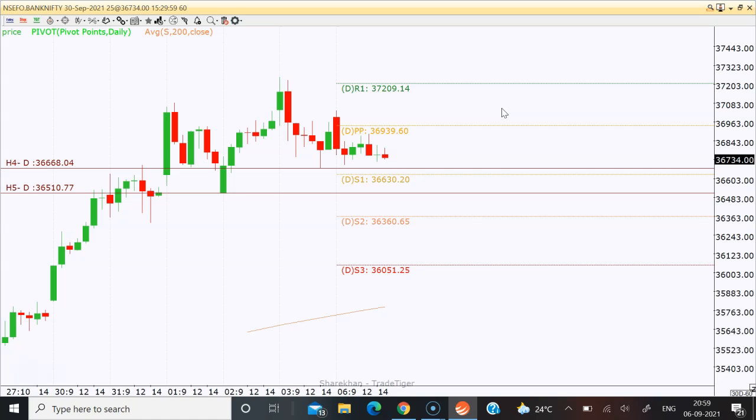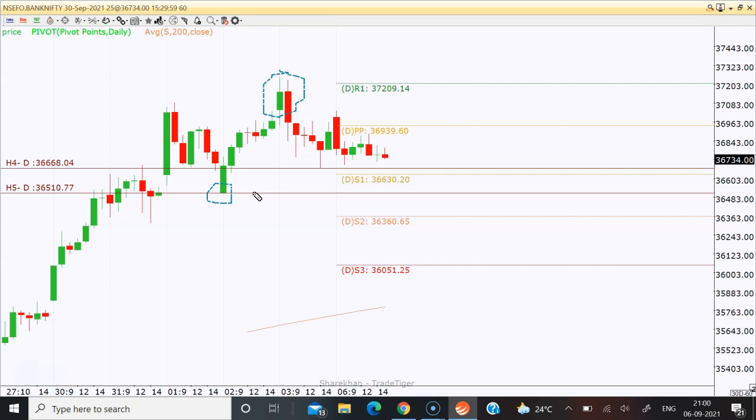If not, you can go ahead with the lower moving averages like the 10 moving average and 30 moving average as well. So if we look here, there is a correction happening, and the correction has started here. It might continue tomorrow, and it might take off this low as well, that is 36,510.